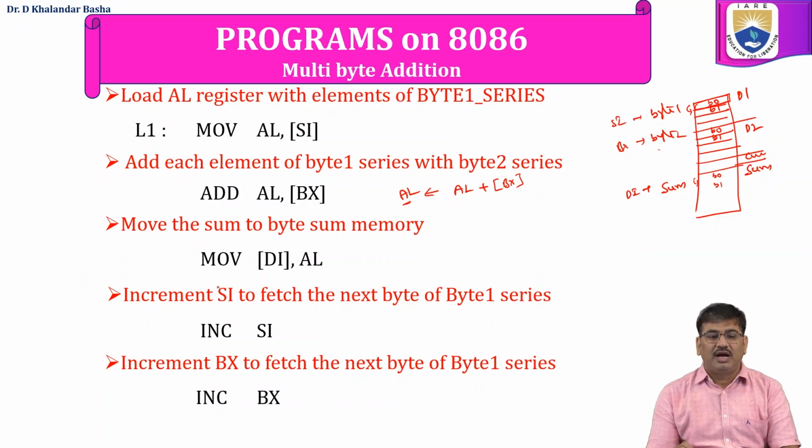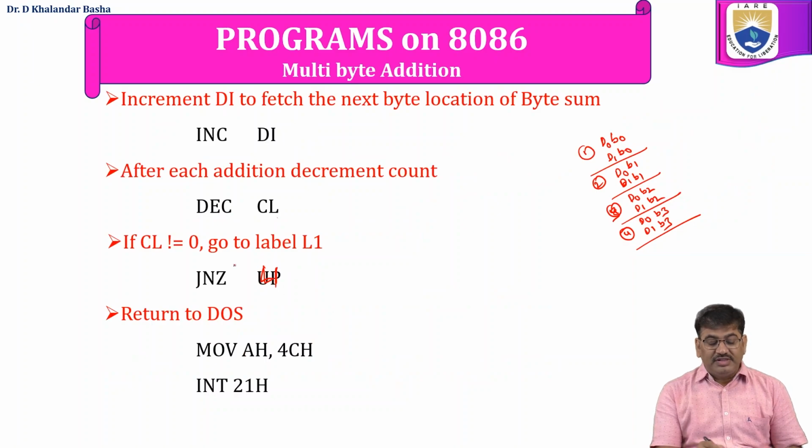Repeatedly we go for addition and storing the result. Once the CL content is 0, we come out of the loop. Once the entire data is added, we can terminate the program by returning to DOS. So for that we use the instruction MOV AH, 4CH and we raise INT 21H.